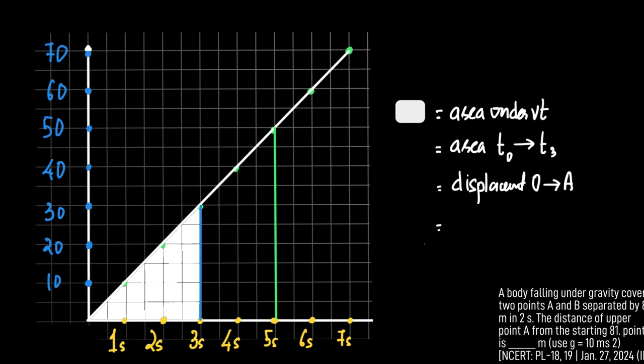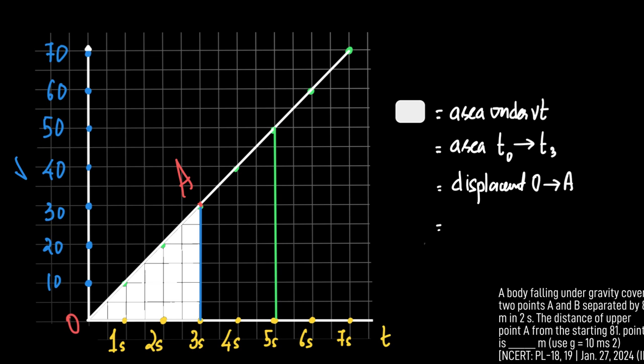Why? Because we have velocity on the y-axis and time on the x-axis. So the area under the VT graph from time t equal to 0 seconds to time t equal to 3 seconds gives us the corresponding displacement from O to A.